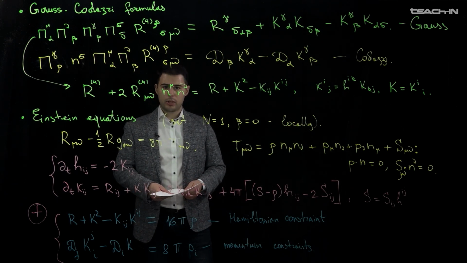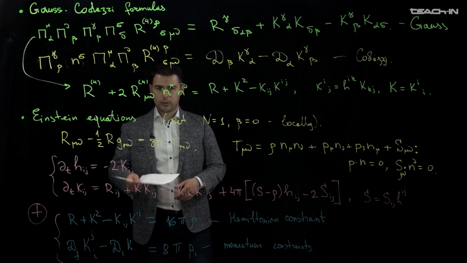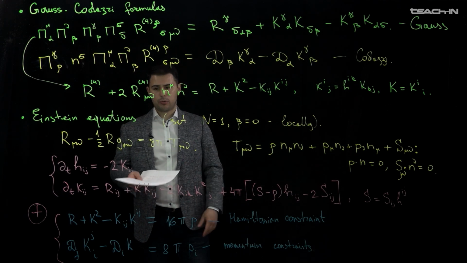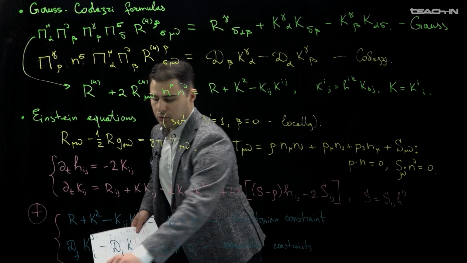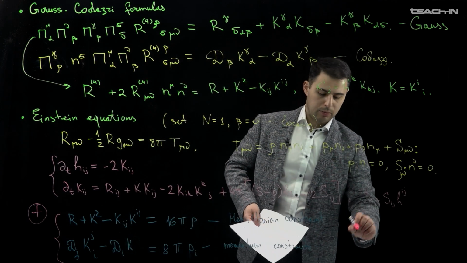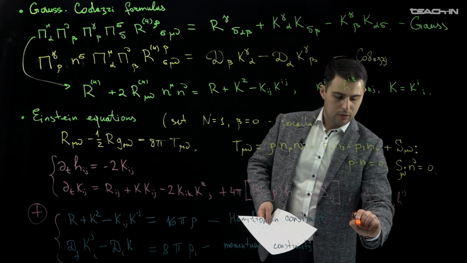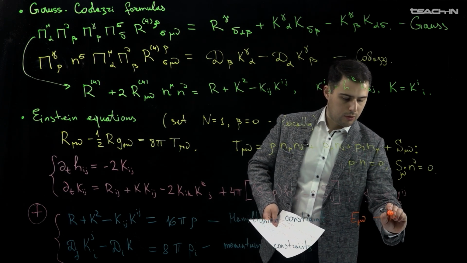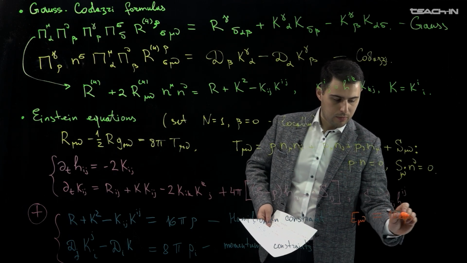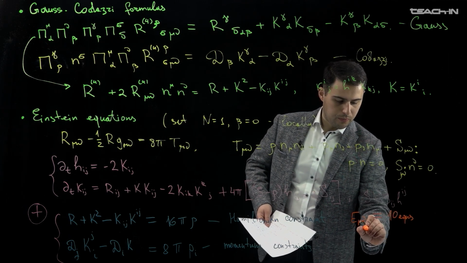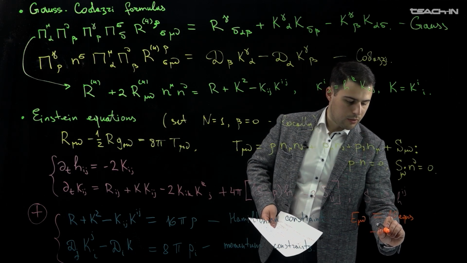However, we also have, as we have just shown, 4 constraints. Therefore, in 4 dimensions, we have only 2 independent degrees of freedom.